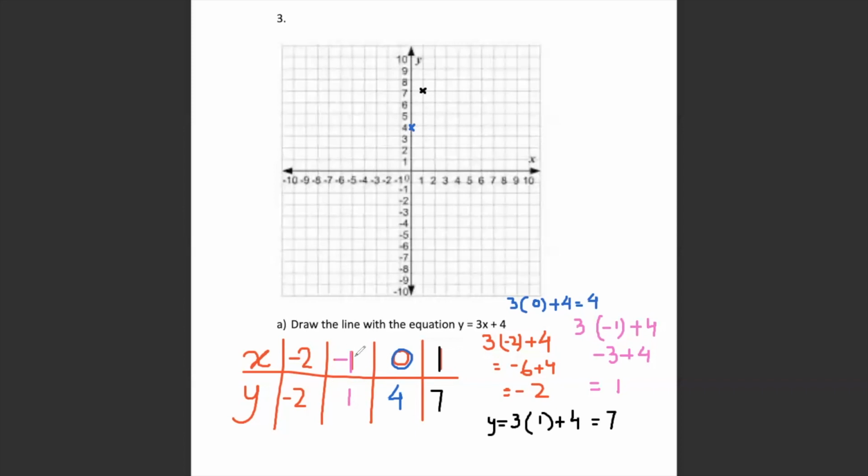Next point is -1, 1 in pink. So let's put -1, 1. So that's there. And finally, -2, -2 in red. So -2, -2. So that's there.